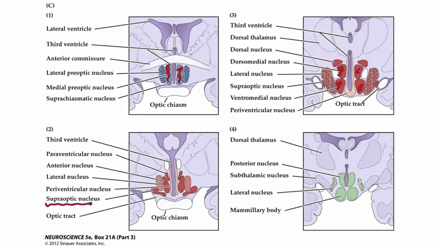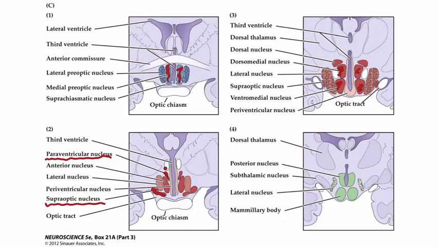So here's the supraoptic nucleus. It's called supraoptic because it sits just above the optic chiasm, and in a slightly more dorsal position is this paraventricular nucleus. These nuclei are two of many that we find in this more medial zone of the hypothalamus.